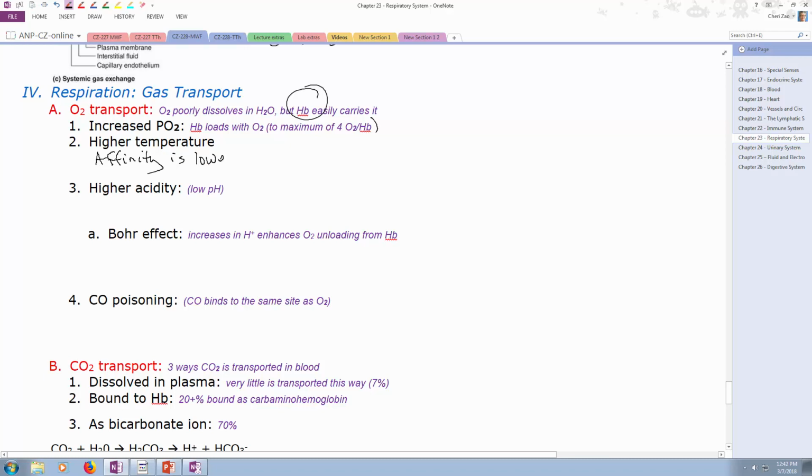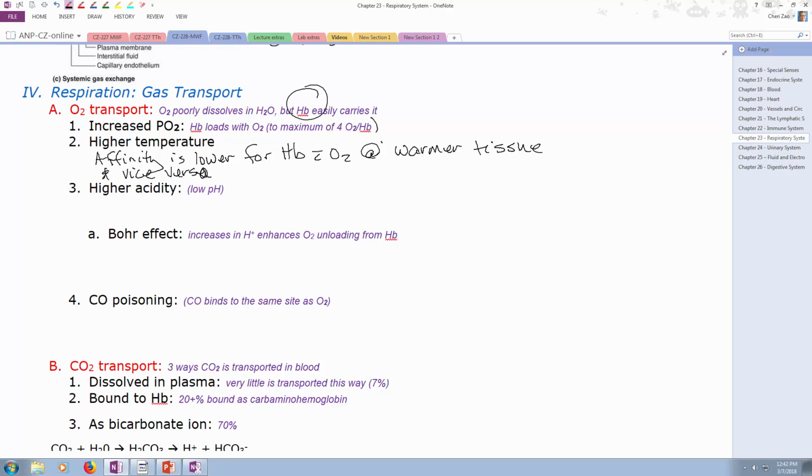It is lower at warmer tissue, and vice versa. So it's higher at cooler tissue, which is perfect. We want hemoglobin to load up a bunch of oxygen when we're in the lungs, and we want hemoglobin to offload the oxygen when it's at the tissues.